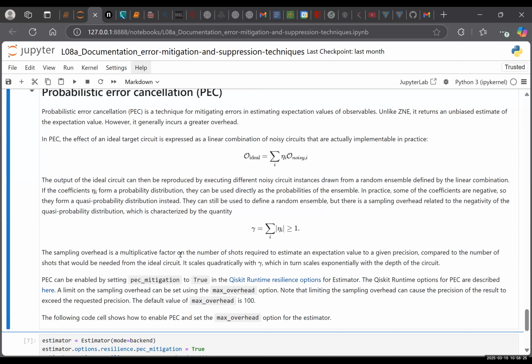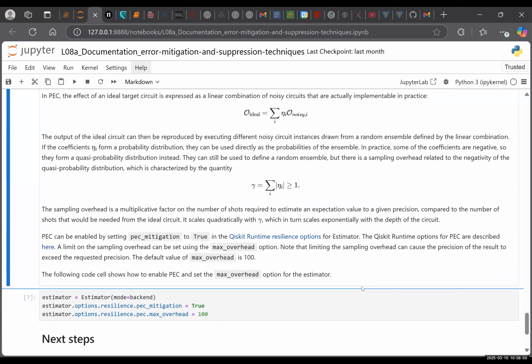The sampling overhead has a multiplicative factor on the number of shots. If this gamma is large, then you will need to increase the number of shots to make the statistical error small. In turn, it scales exponentially with the depth of the circuit. So you can enable this also in the resilience level, PEC mitigation.